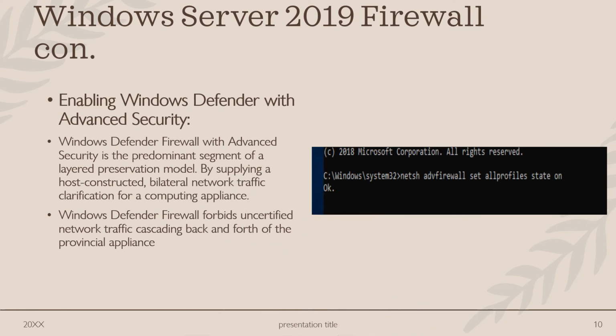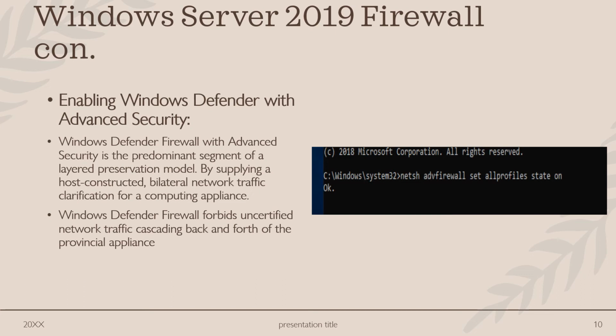Okay, so our final Windows Server firewall configuration hardening recommendation would be to enable Windows Defender with Advanced Security. Windows Defender is fine, but if you want a more secure network, we definitely advise downloading the advanced security feature.